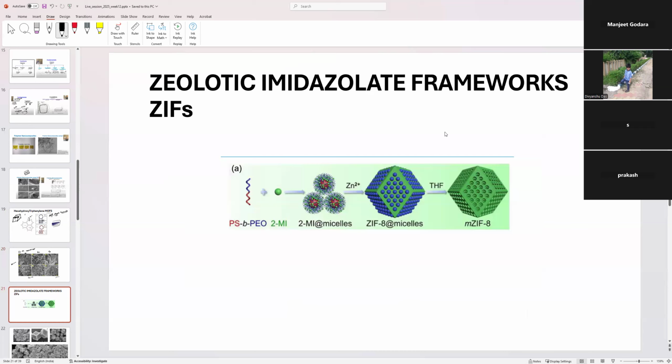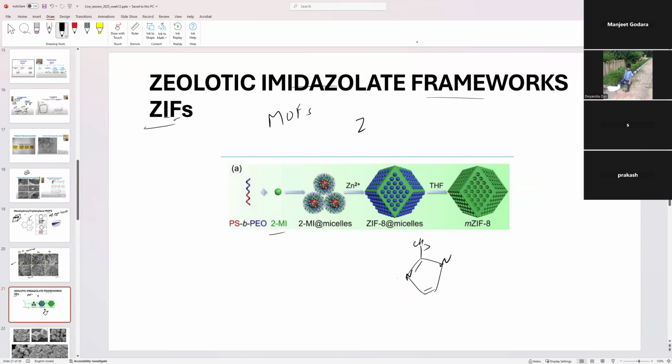Another framework I'm working on is again with MOFs, zeolitic imidazolate frameworks, or ZIFs. ZIFs with a particular linker, which is 2-methylimidazole, which has two nitrogens, and there is CH3.